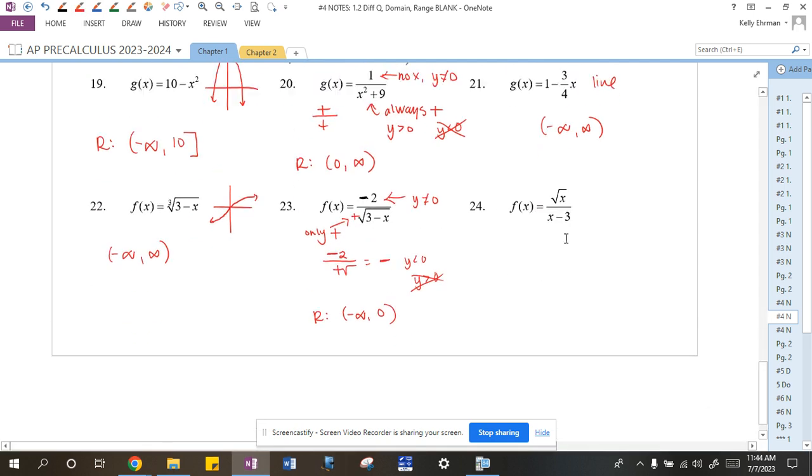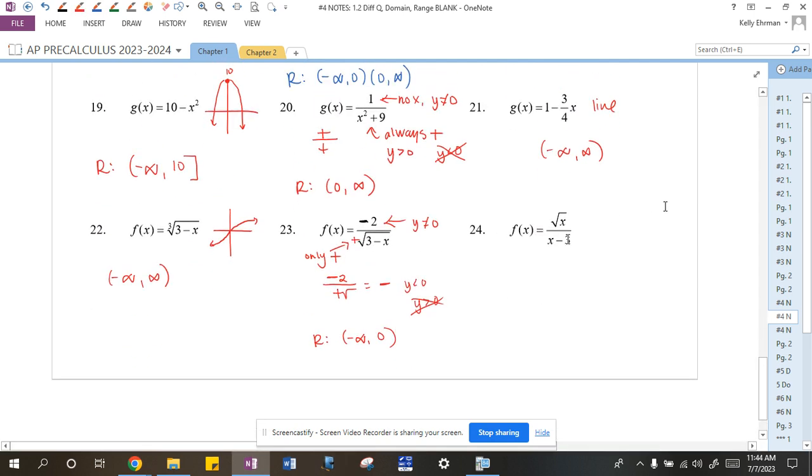Okay, and our final one, I know this is a long day, our final one. Can y equal 0? Finally, yes, there's an x up here. When x equals 0, y equals 0. So yes, y can equal 0. What about the signs? We have another square root with a positive in front of it.